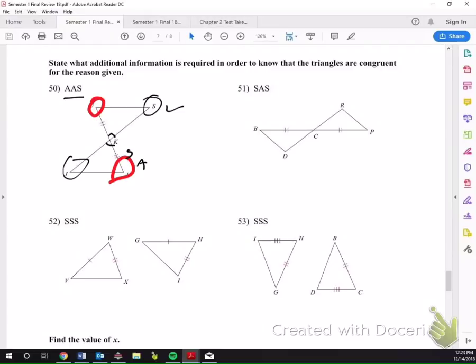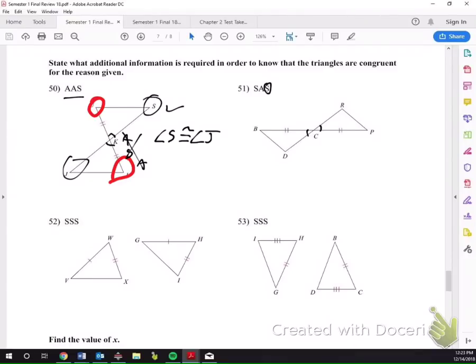Because if it was the red angles, it would go angle, side, angle. It's not what we want. We want angle, angle, side. So that means we need to show that angle S is congruent to angle J. If we knew that piece of information, then we would know that the 2 triangles are congruent by angle, angle, side.